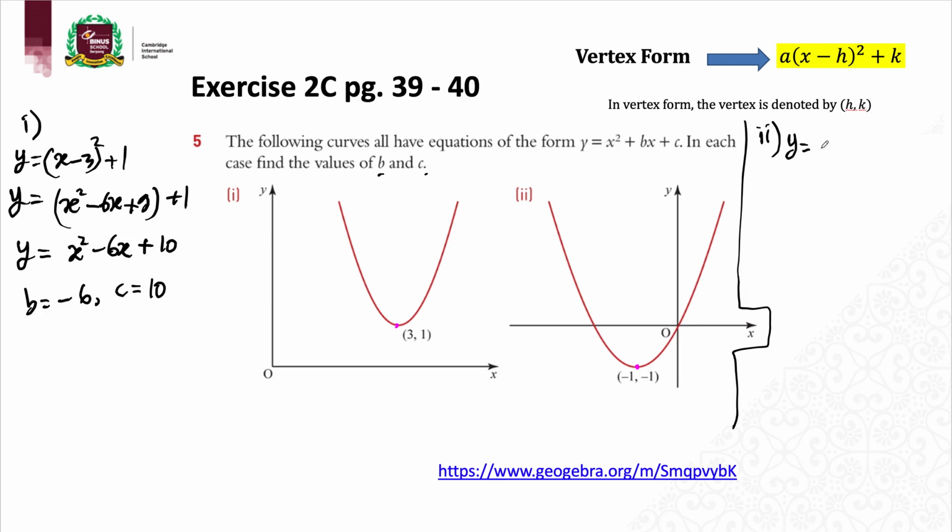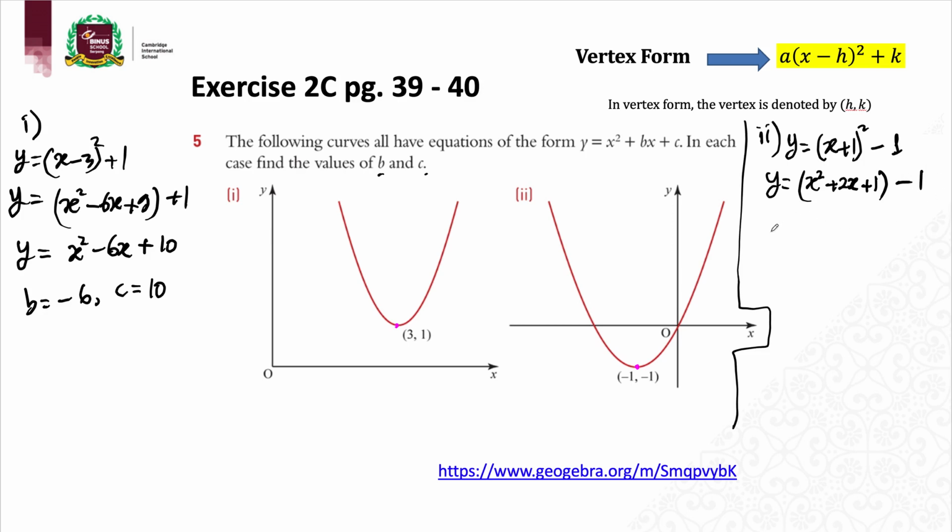So in the bracket x plus 1, close bracket squared, and then minus 1. Now, second, we need to expand, right? y equals x squared plus 2x plus 1. Very good. And then minus 1.